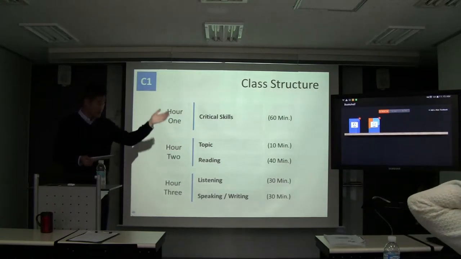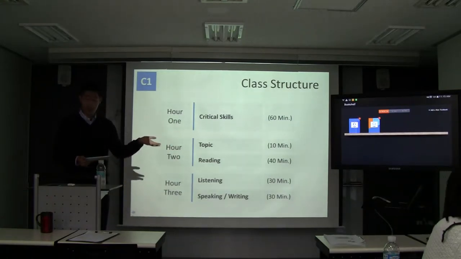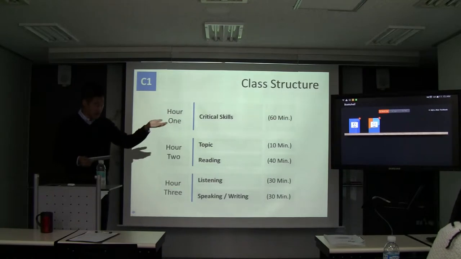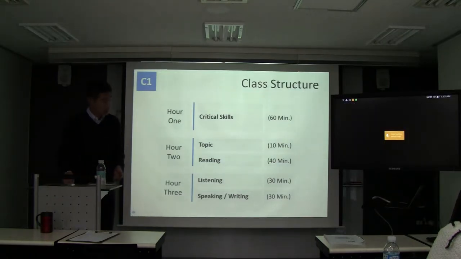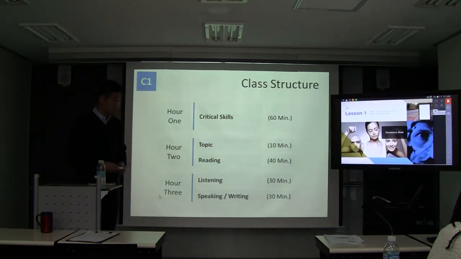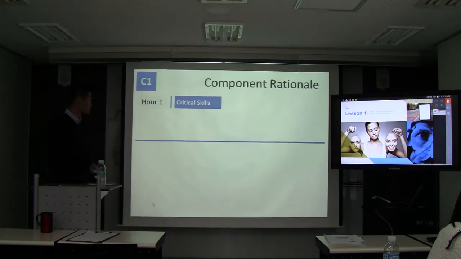Okay, but anyways, this is how you get in if you want to take a look at next term's classes like C1, C2 high. Here it is. So here's C1 Eagle. We'll take a look at this one. We're going to start with the critical skills.